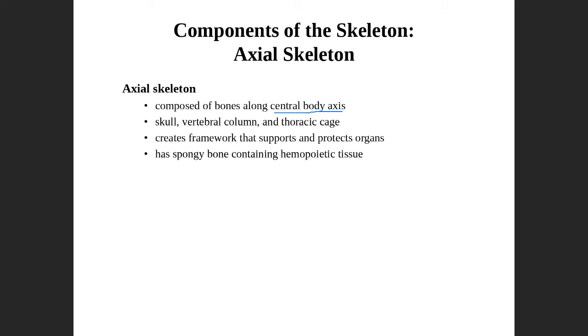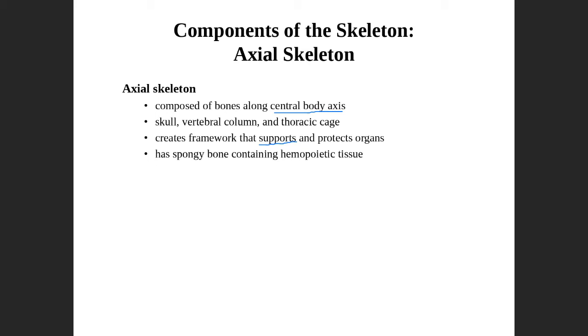So the ribs will be included in that. The main function of the axial skeleton is going to be for support, especially when we're talking about the upright posture, and the other part of your skeleton, the appendicular skeleton, attaches onto the axial skeleton, so that will support that also.